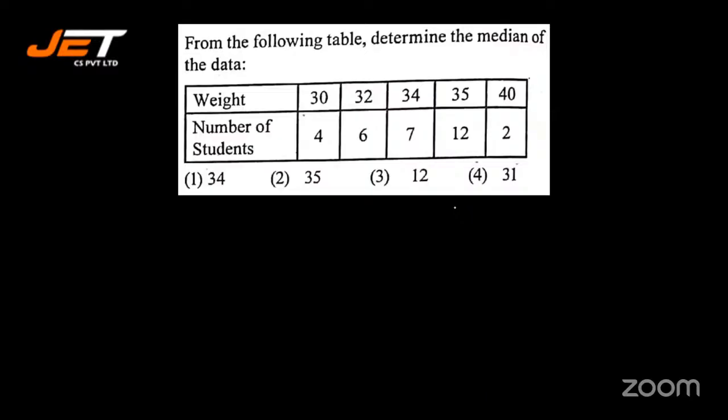So far we have found out median only when the numbers or any variables or alphabets are given without any supplementary weight or limits or whatever. So now in this question they have asked you to find out the median, giving the weight and the number of students.